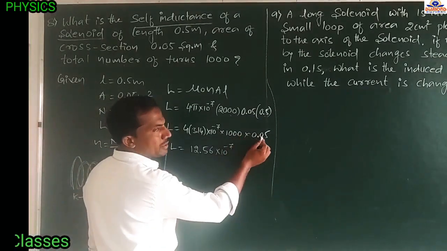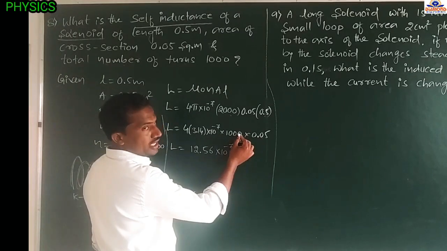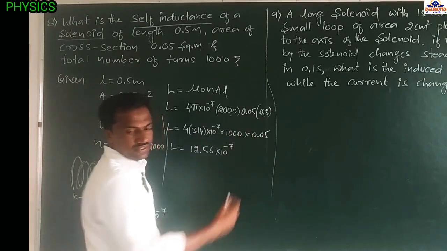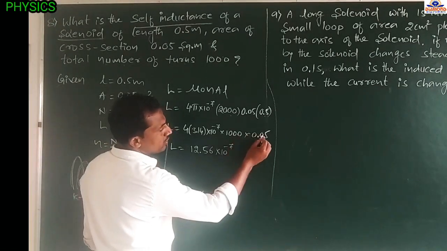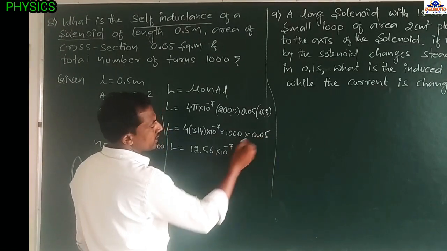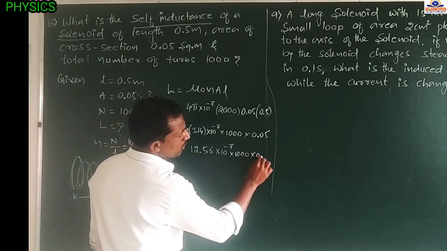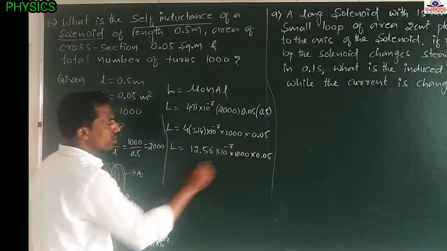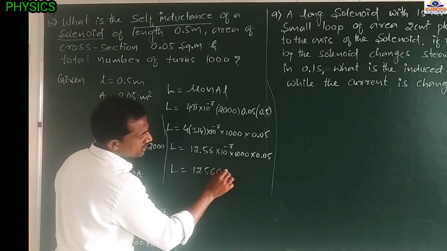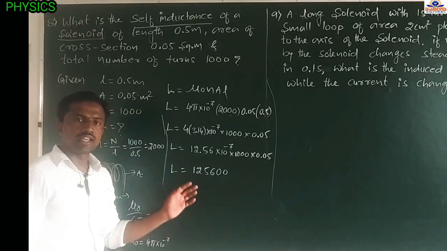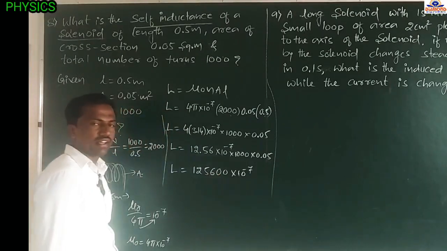We have to multiply both terms. After multiplying, what value do we get? The decimal point shifts 1, 2, 3. Then we get the value. 1000 into 0.05, multiplying all of them at a time, L equals to 125.600. Then 10 to the power of minus 7 we are writing.